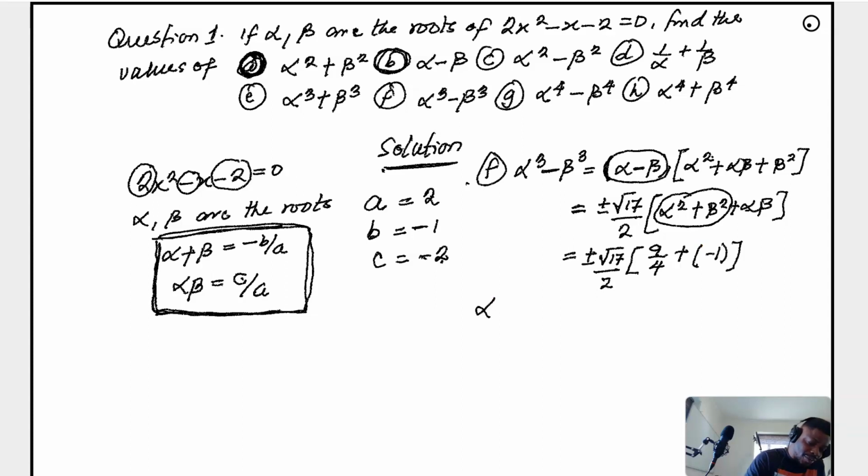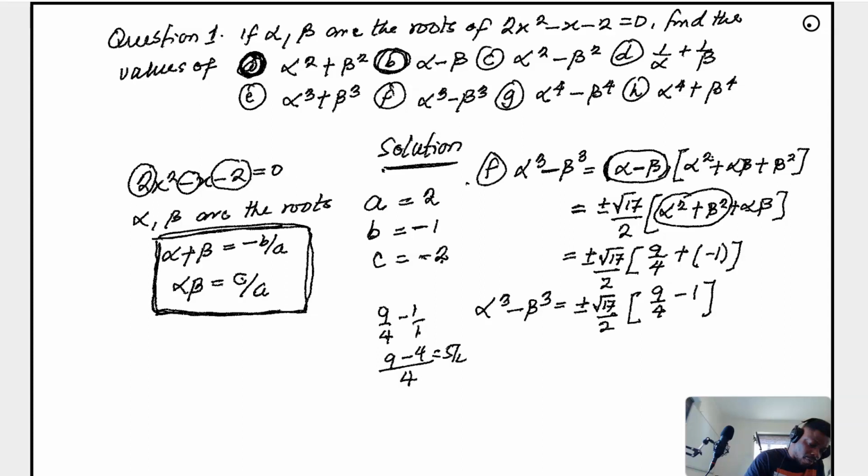Right? So alpha cube minus beta cube is equal to plus or minus root 17 over 2 bracket 9 over 4 minus 1. So 9 over 4 minus 1, that is 4 times 1, 4. 1 times 9 is 9. 4 times 1, 4.